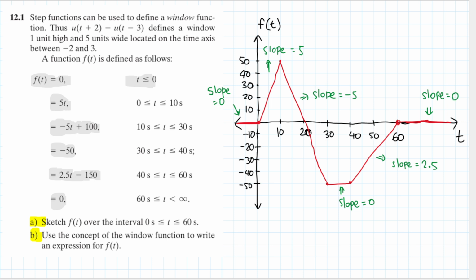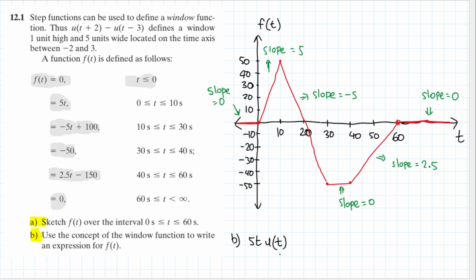Because we start at 0 here, we will have u(t) there. So this part here, we will have 5t u(t), right? Because the slope here is 5, and because we start from 0, we will have u(t): 5t u(t).